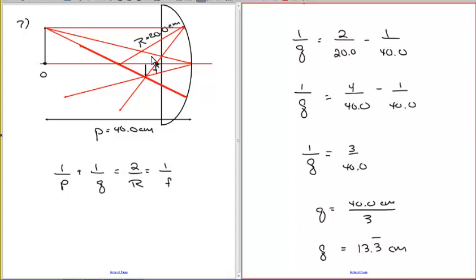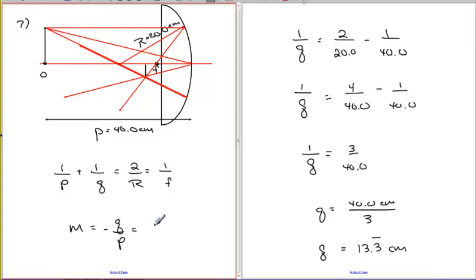Now, as far as the magnification, let's just go back here. Let's look at the magnification of a mirror, and I don't really see it in the summary. So let's go back. Images formed by concave mirrors. So the magnification, this is equation 23.2, is just negative Q over P, which I guess is the same one as for lenses.